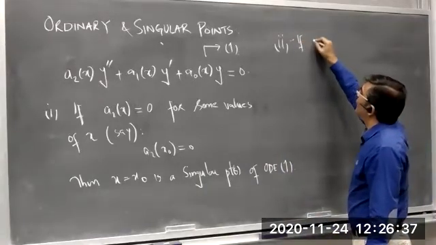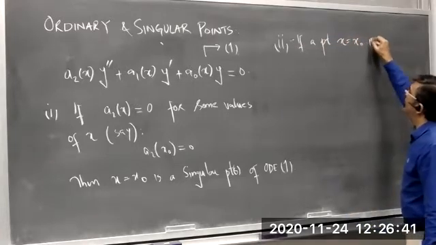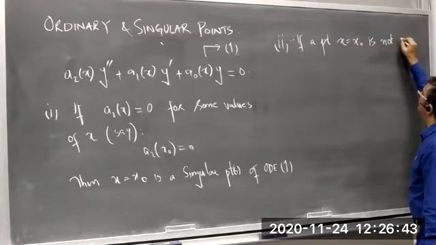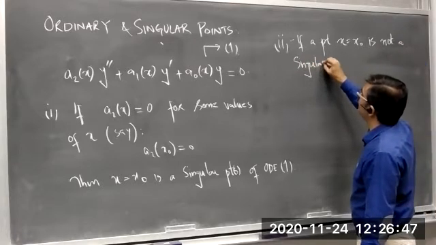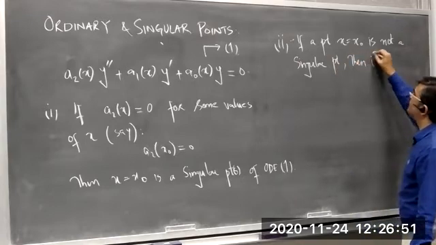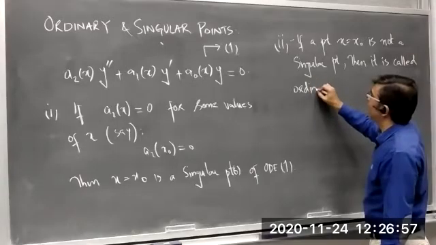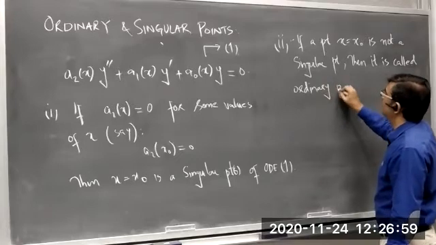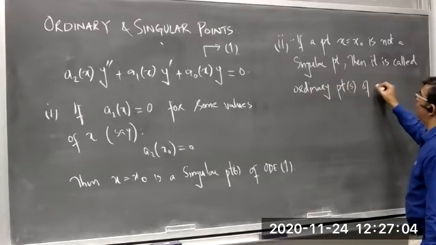If a point x is equal to x naught is not a singular point, then it is called an ordinary point of that differential equation, or an ordinary point of ODE 1.